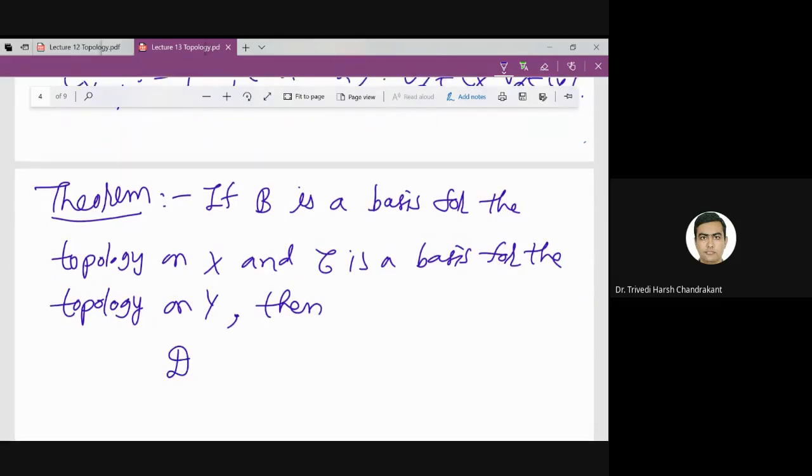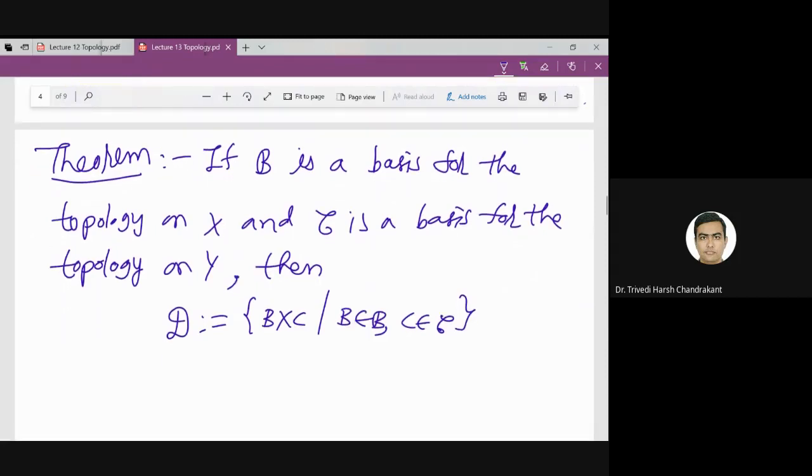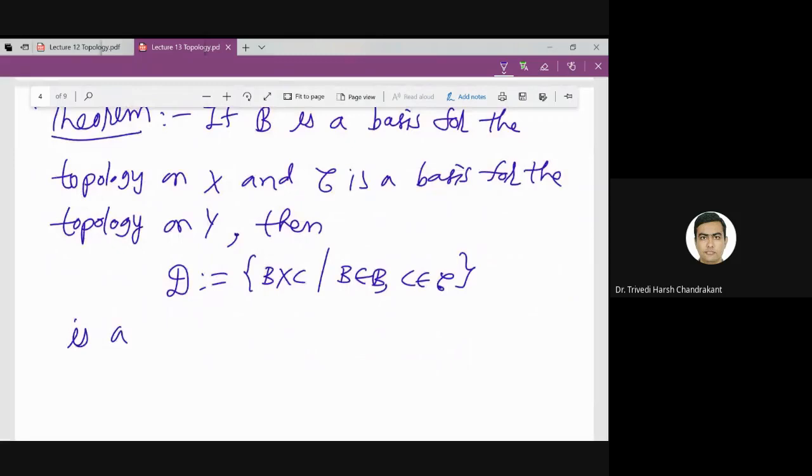So let us say D is B cross C, where B belongs to B, C belongs to C. So is this a basis for the topology on x cross y?